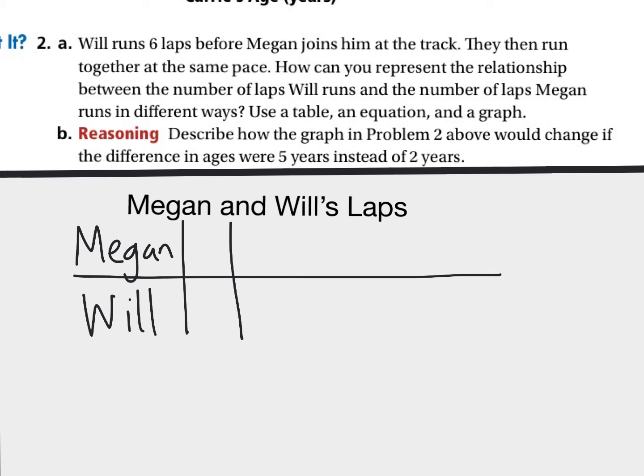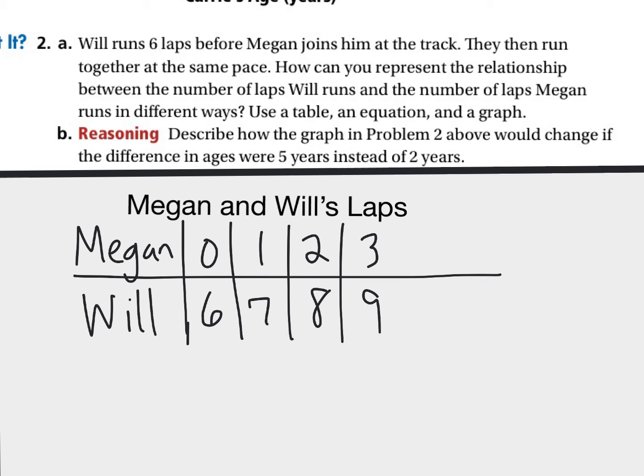So we could start out with Will's run 6 and Megan hasn't run any. And then after that, they're running at the same pace. So that would be 1 and 7, 2 and 8, 3 and 9. Just keep adding 1 to their laps each time. So that would be a table.